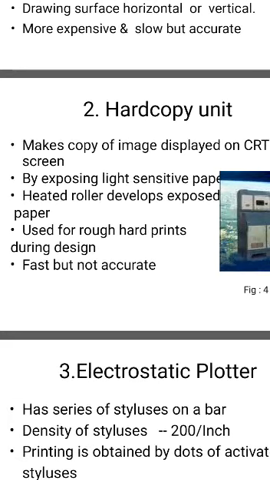A hard copy unit is a machine that can make copies from the same images. If we put in one paper which has a photo, we can make many copies, like Xerox, from that one paper. These are copies from the same image on the CRT screen. With only one image we can take many prints.